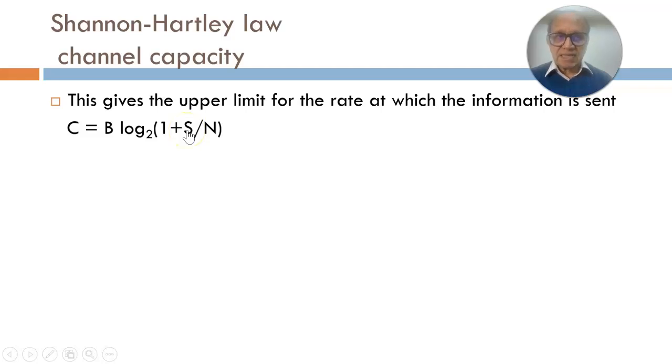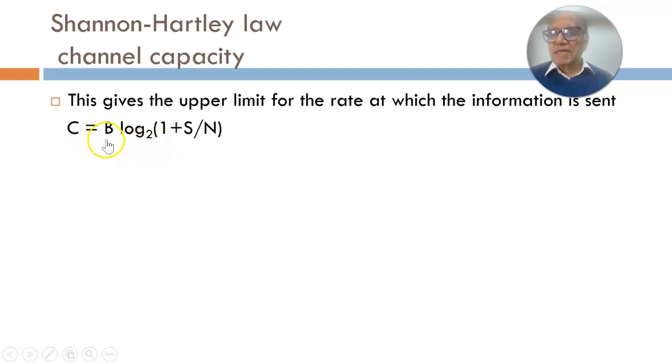Similarly, if you increase the transmitted power, then the received signal power, mind you, this is the received signal power to noise ratio, S by N will increase and the channel capacity will increase. So the point is, you have got a certain channel. It has a certain bandwidth and a certain power you are transmitting at the transmitting end. This will decide what B and S by N are.